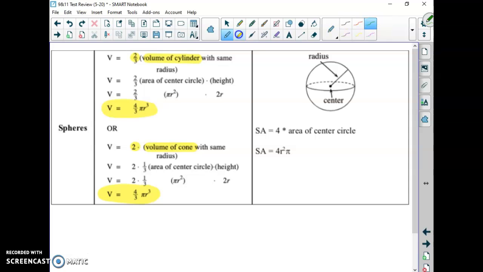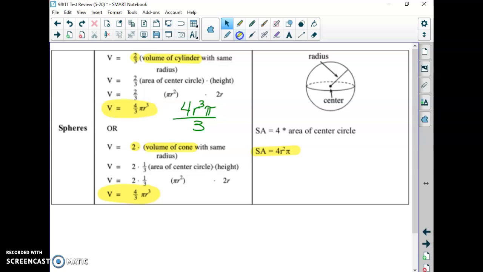Some of us wrote it like this, 4r cubed pi divided by 3. They all work. And the surface area of the sphere, 4r squared pi.